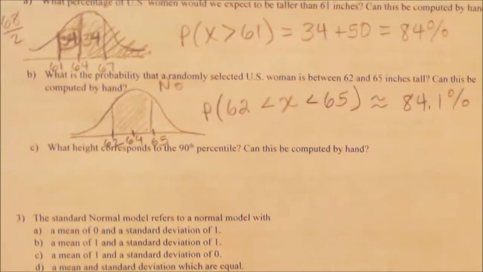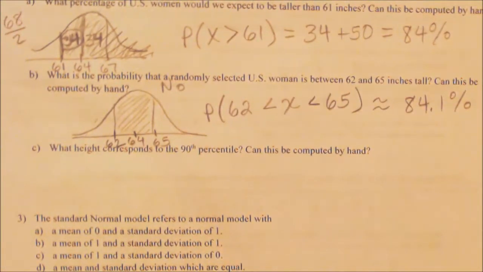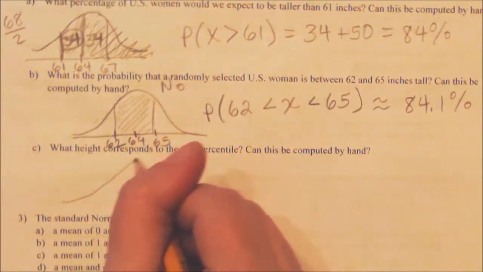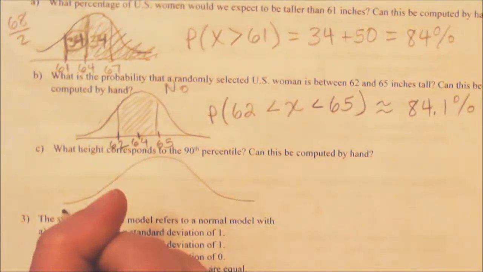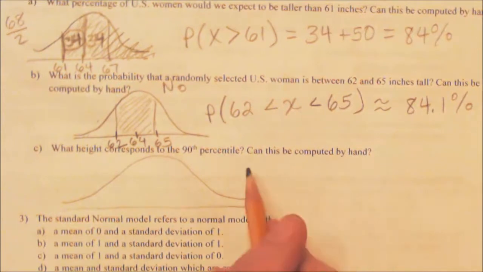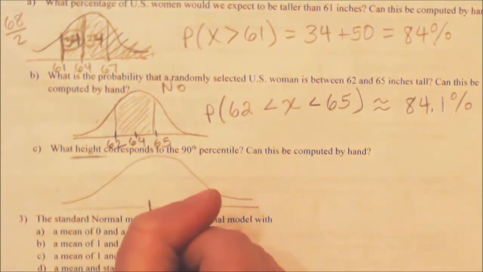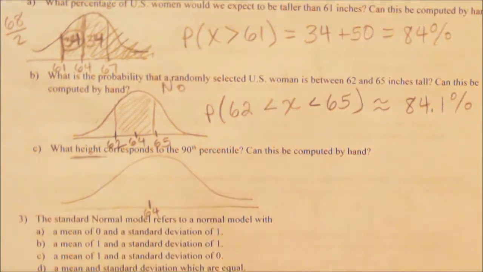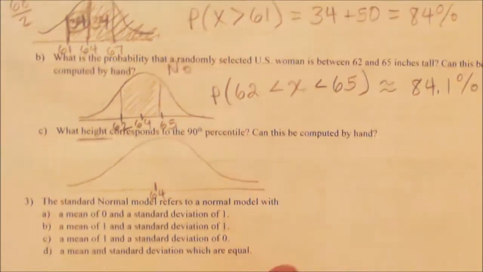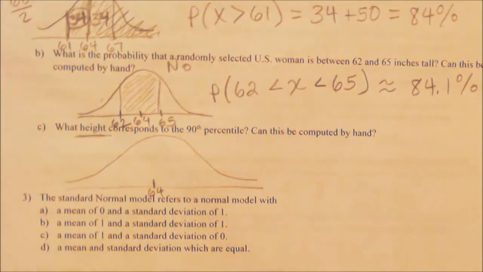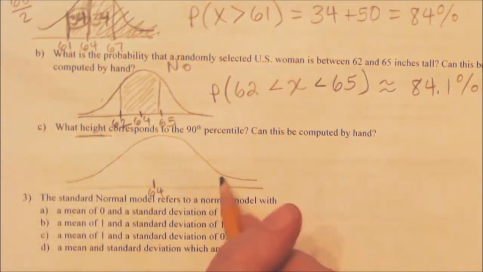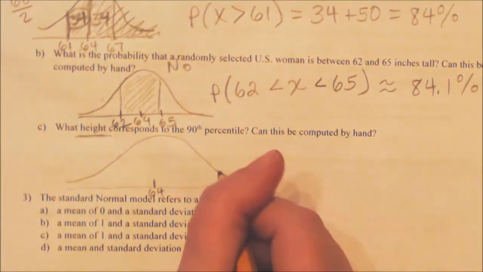And then lastly, it says what height corresponds to the 90th percentile. So let's make a quick sketch. This time they're giving us the percentage, and they want us to figure out what's the measurement, what's the height. So we know 64, of course, goes in the middle. Think about the 90th percentile. That means 90% of the data is below this particular number, so the number has to be somewhere over here.